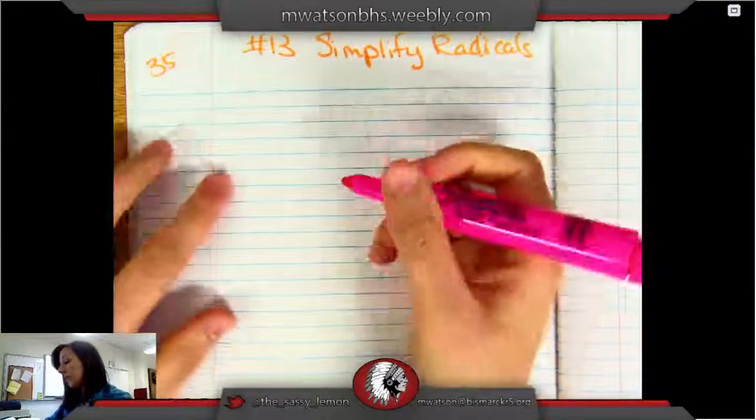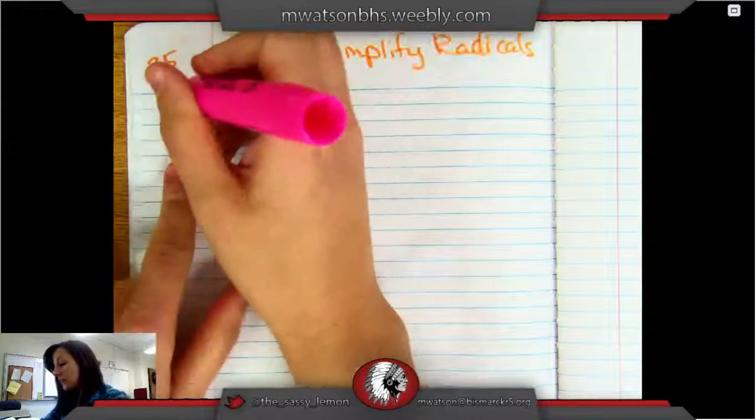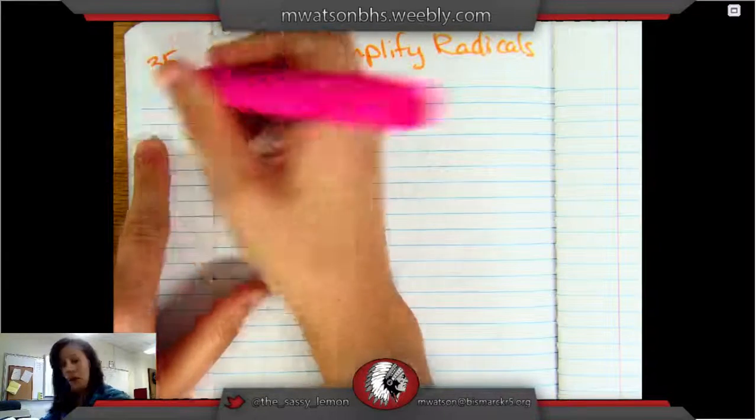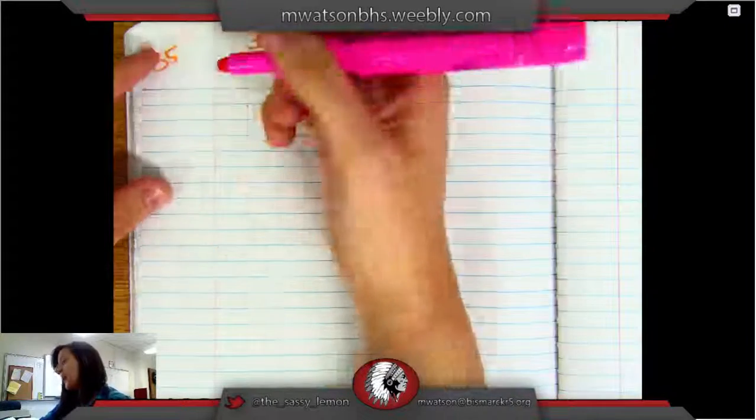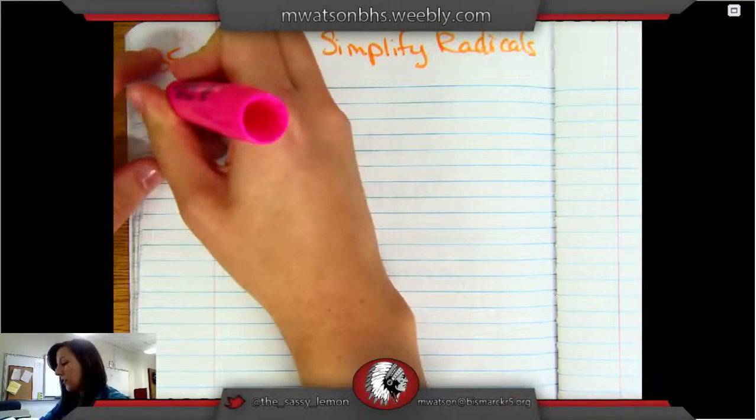So what we're going to do over here is we're going to write in our margin. Actually, let's go along the top. I haven't decided. Let's go along the margin.